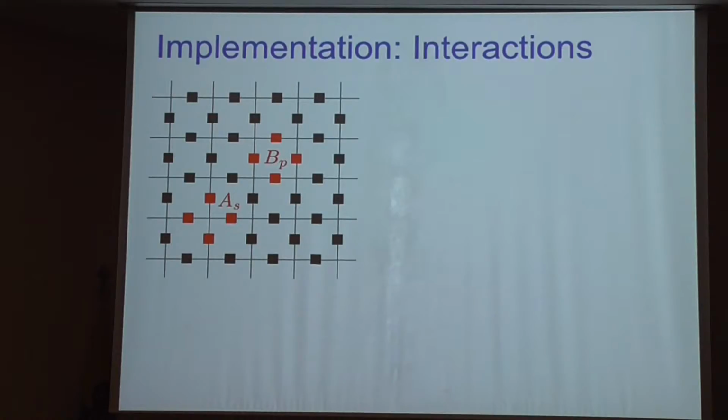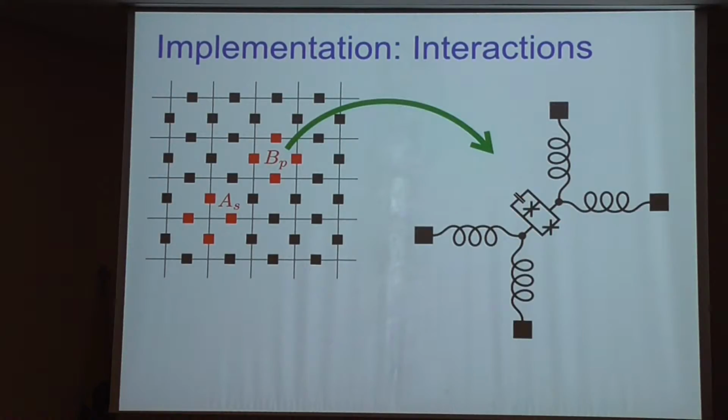So the crucial point is how to implement these interactions, in particular the four-body interactions. The circuit element that we are considering to do this is a DC SQUID, possibly shunted by a capacitor. I drew this to represent that Josephson junctions always have a non-negligible capacitance.